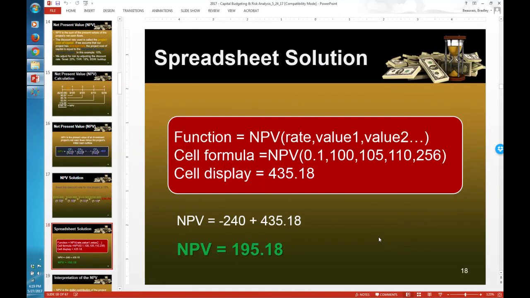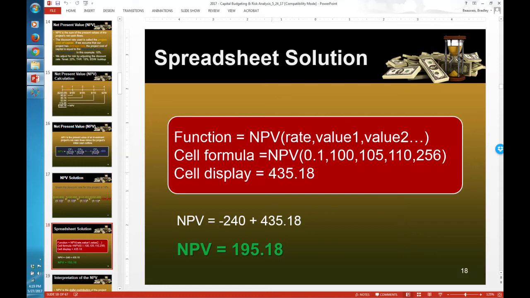But fortunately, as we learned in the early part of the course, we can use the net present value function, put in our 10%. Here are all of our values in the example. And of course, we could key them in individually, or we could just, on an Excel spreadsheet, highlight one, drag it over to the last one, and then close our parentheses.